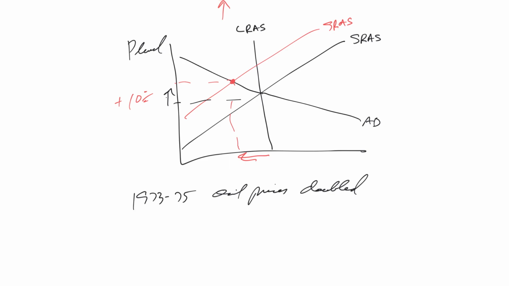And unemployment was 4.9% in 1973. And by 1975, it was 8.5%.